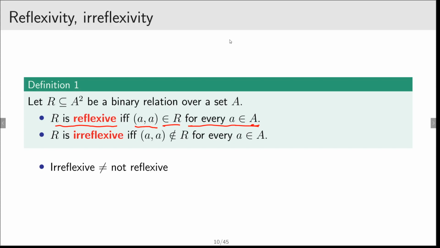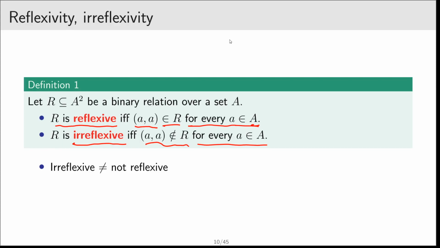Now, there is also a notion called irreflexivity. R is irreflexive if and only if for every element a of A, it is not related to itself, in other words, (a, a) is not in R. So R is reflexive if every element of A is related to itself, and R is irreflexive if every element of A is not related to itself.